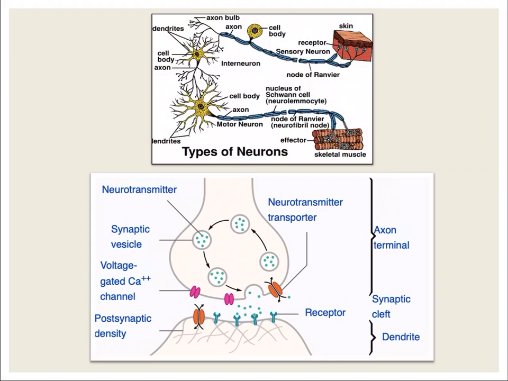And the way in which cells communicate is through something called a synapse, and you see them in the bottom picture there. A synapse is a structure that permits one nerve cell to communicate with another by passing an electrical or a chemical signal. That happens when one cell is in proximity to another cell, and we call the first cell the presynaptic cell, and the second cell, the target cell, we call the postsynaptic cell.